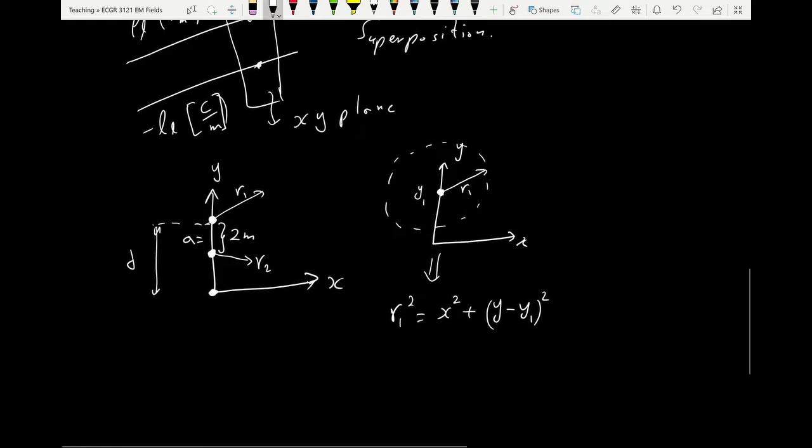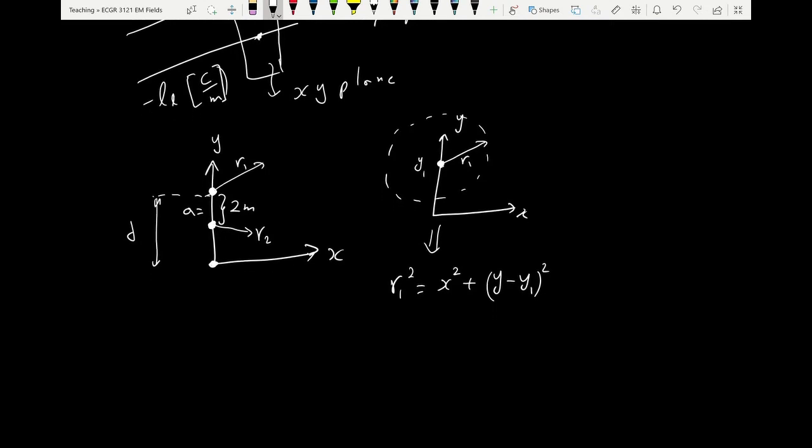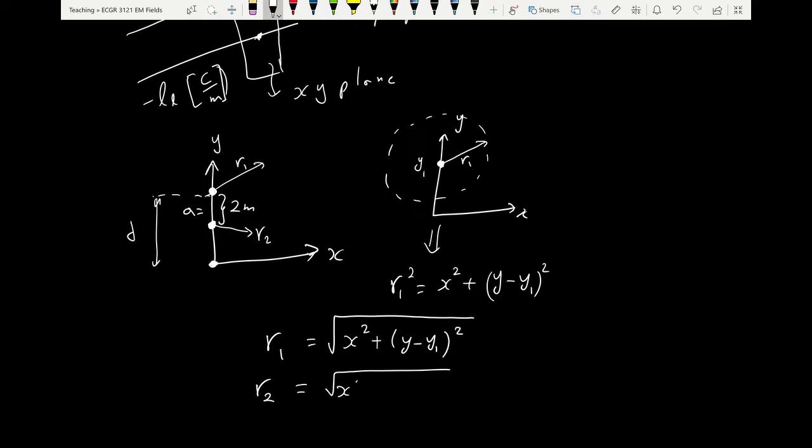This is from the equation of the circle. So r1 is the square root of x squared plus (y minus y1) squared. This is the distance at any point in space from the first transmission line. Likewise, the distance from the second transmission line is the square root of x squared plus (y minus y2) squared, where y2 is the elevation of the second transmission line.